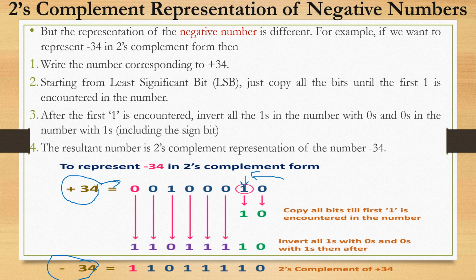After the first 1 is detected, we reverse all the bits that come after. So 0 stays the same. Now the first one is detected, we just write it here, and after that we invert the number. So 0 is 1, 0 is 1, 1, 0, 1, 1. Now this is the twos complement number of plus 34, which is minus 34.